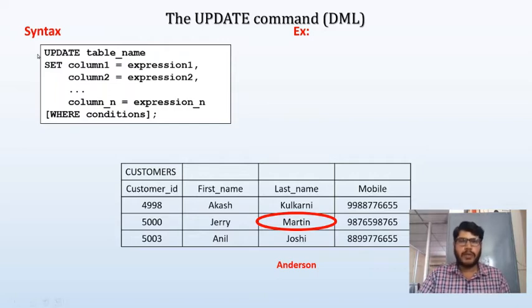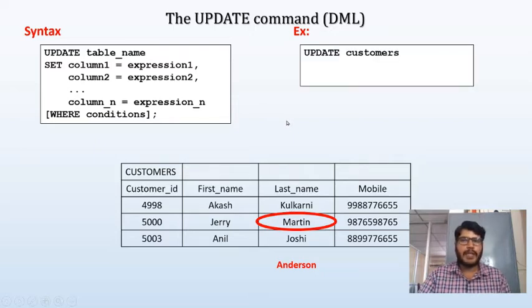We have to use the update command like this. First, as usual, we have to use what? The update keyword. Immediately we have to specify customers as the table name because I want to modify the record which is available in the customers table. So customers is the table name. After this we have to use the set keyword here.